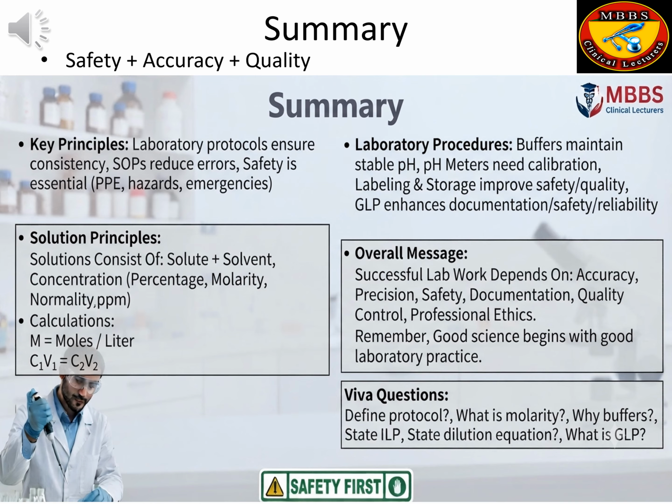Correct labeling and storage improve laboratory safety and quality. Good laboratory practices improve documentation, safety, and experimental reliability. Overall message: successful laboratory work depends on accuracy, precision, safety, documentation, quality control, professional ethics. Remember, good science begins with good laboratory practice.